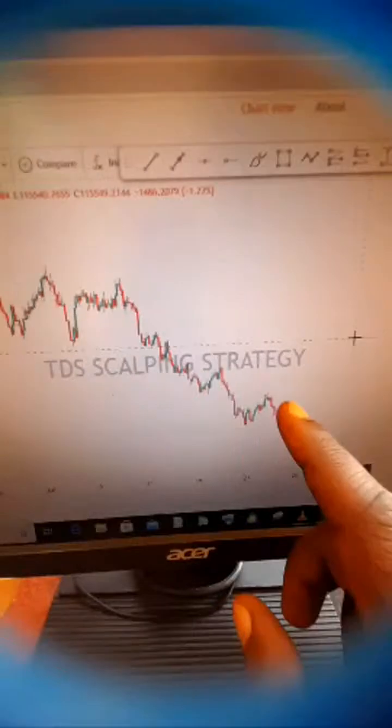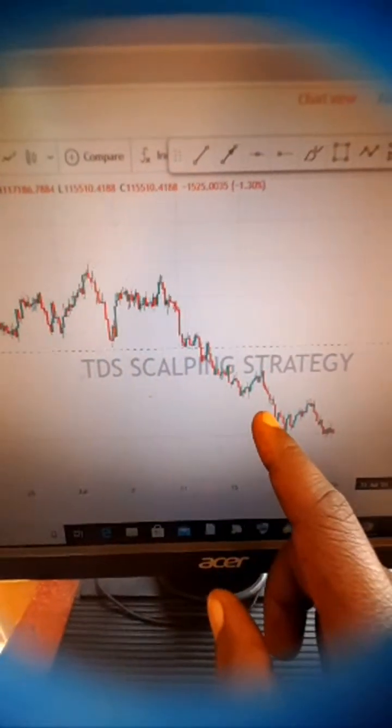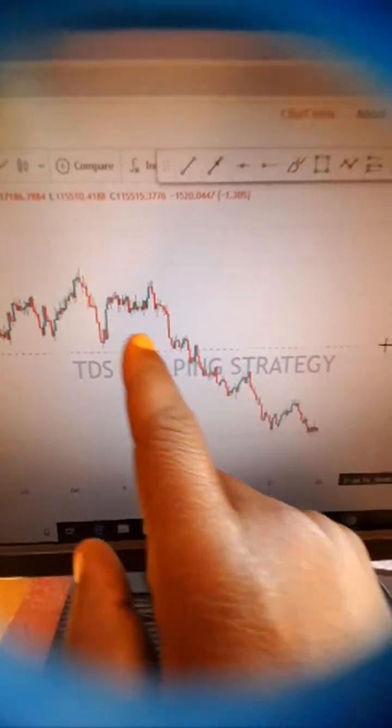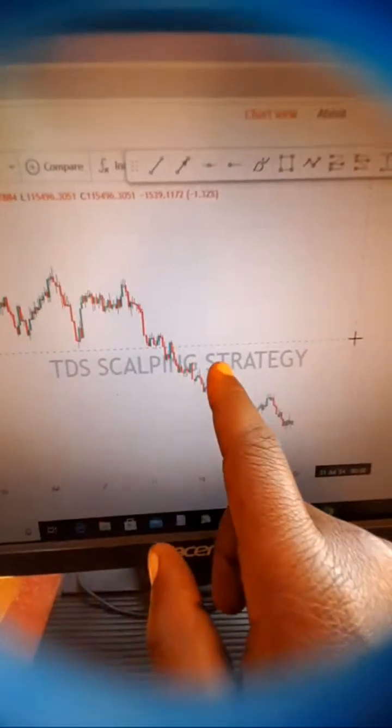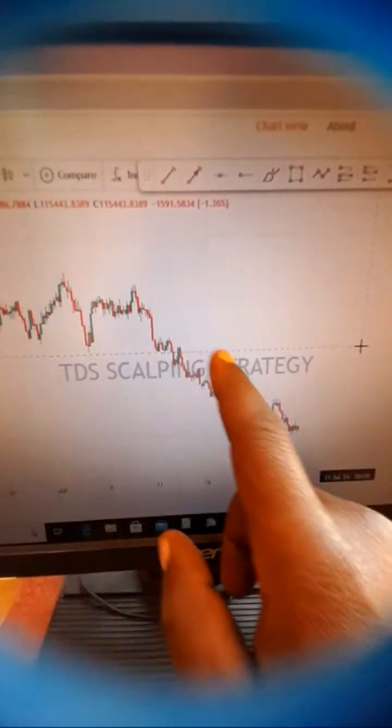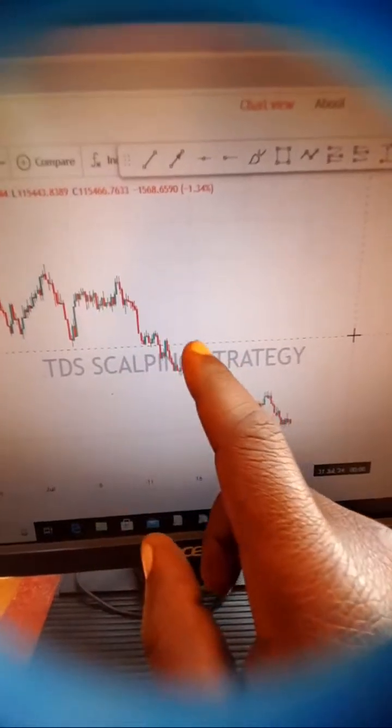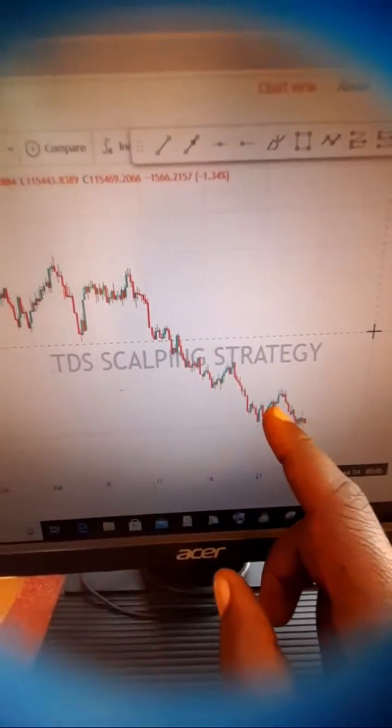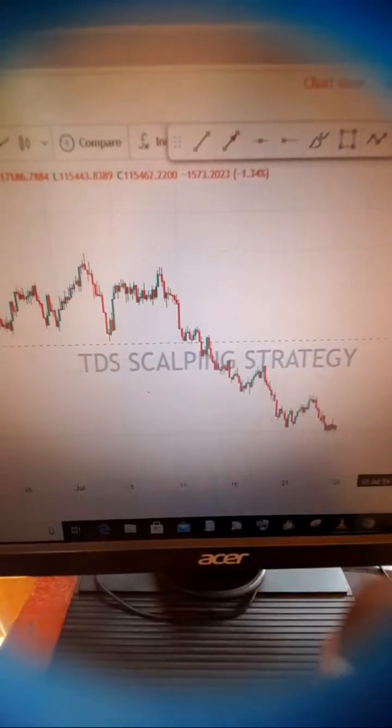This is H4, because if we get our trend line and we connect this high, this one, and this one, we can see that overall the trend is going down. This is what we need on H4. That is enough.